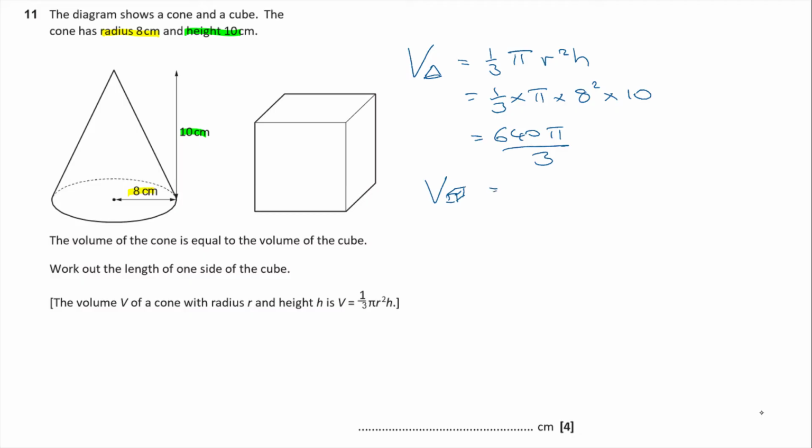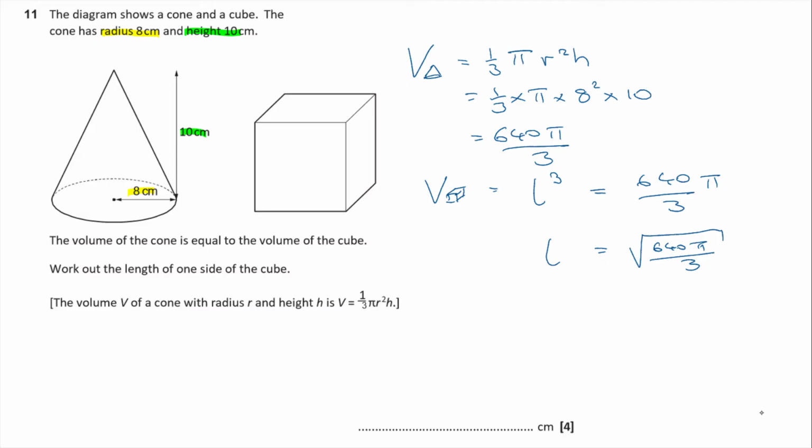So then the volume of the cuboid is going to be, well, we know the volume of a cuboid is just L cubed, where L is one of the sides, and it's going to be equal to the same as the cone, so 640 pi over 3. So then L is going to be the cube root of 640 pi over 3. So we need to work that out now on the calculator.